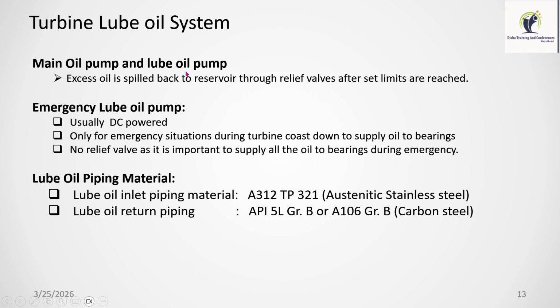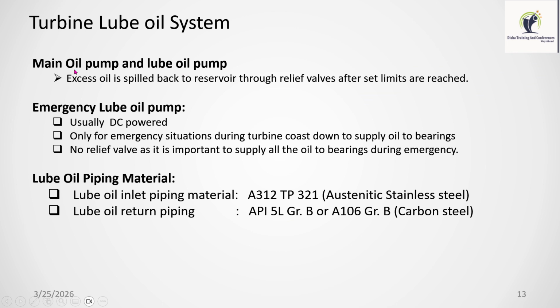The lube oil pump and auxiliary oil pump are motor driven, and then there is an emergency oil pump. These pumps are mounted on the oil console. When the turbine is in standstill condition, the lube oil pump and auxiliary oil pump will start, and the turbine speed keeps increasing. When the turbine reaches the rated speed, the auxiliary oil pump will stop.